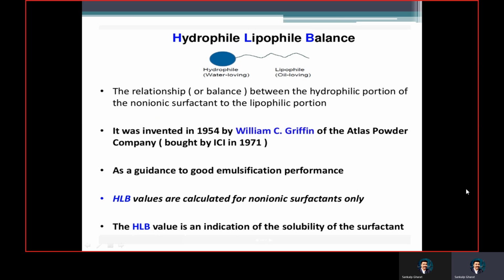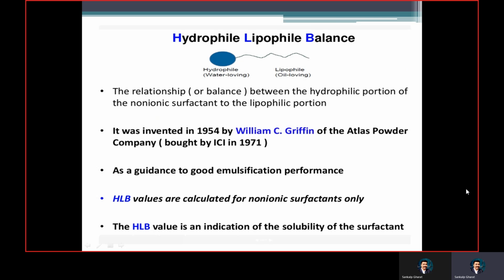So how and when was this HLB scale introduced? The HLB scale was introduced by William Griffin in 1954, and as you can see on the screen, the surfactant has a hydrophile, that is the water loving head, and a lipophile, that is the oil loving tail.